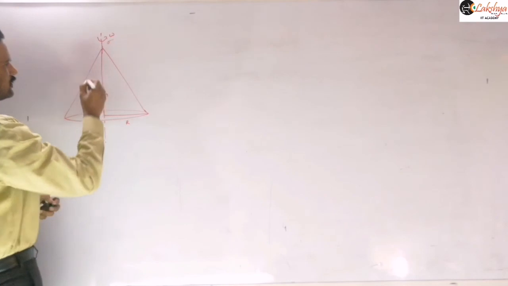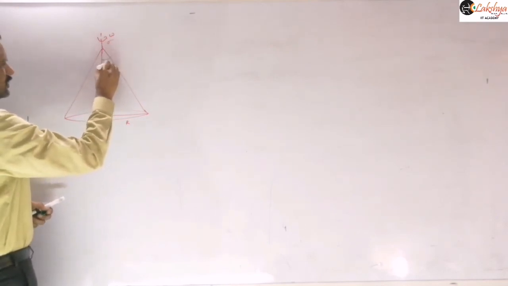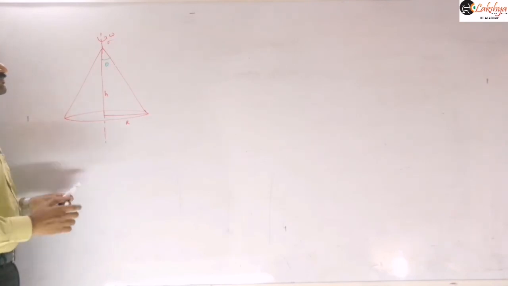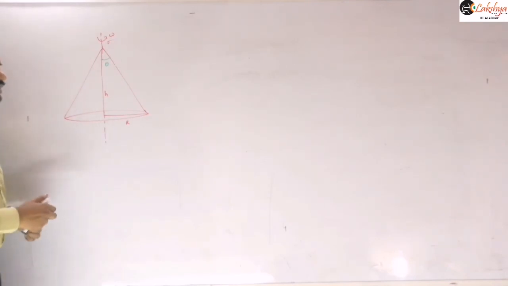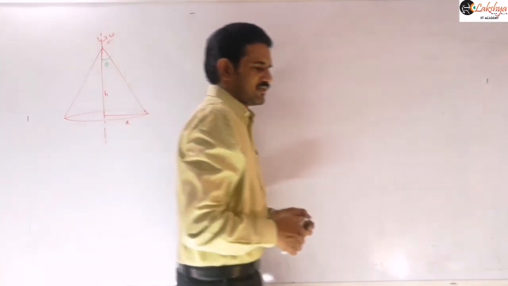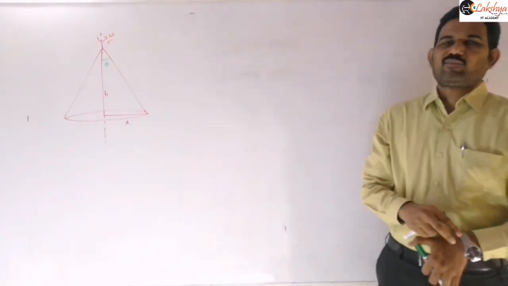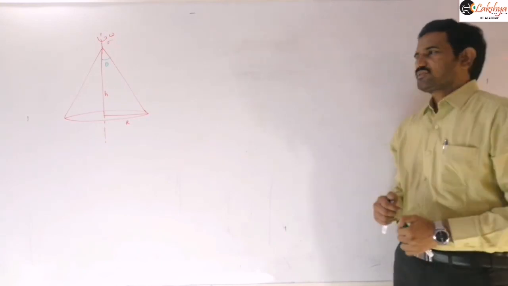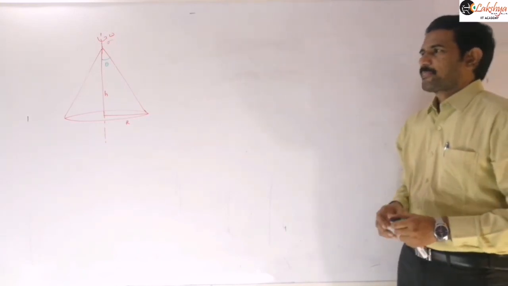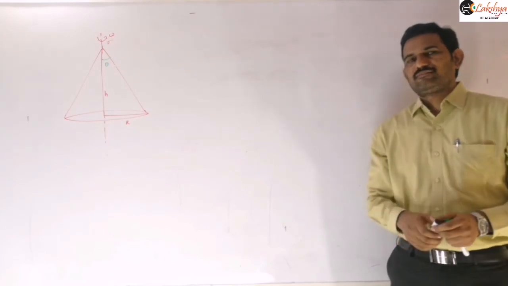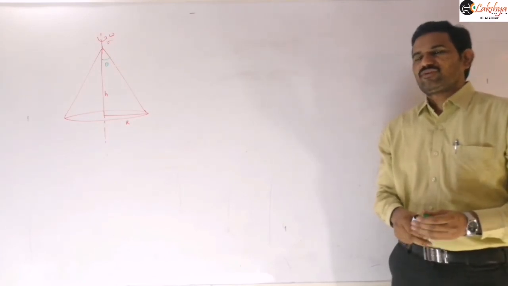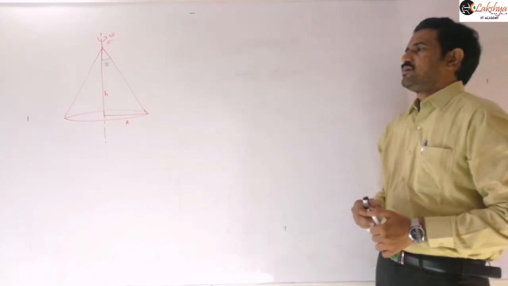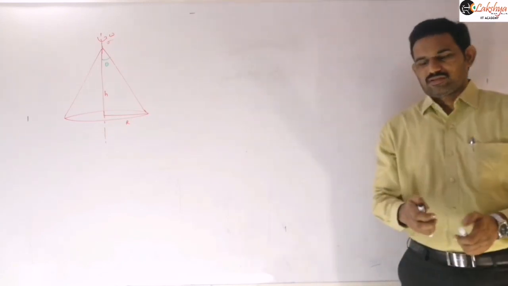And the semi-vertex angle is theta. If the cone is rotating with angular velocity omega about its axis, then find its magnetic moment.